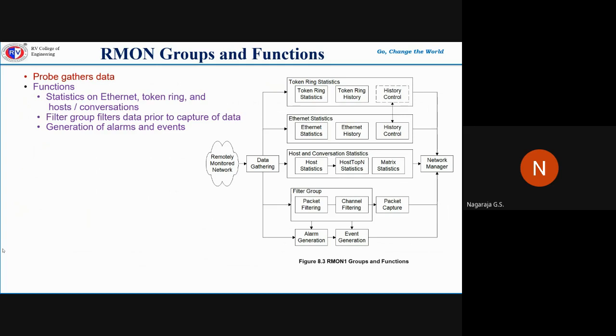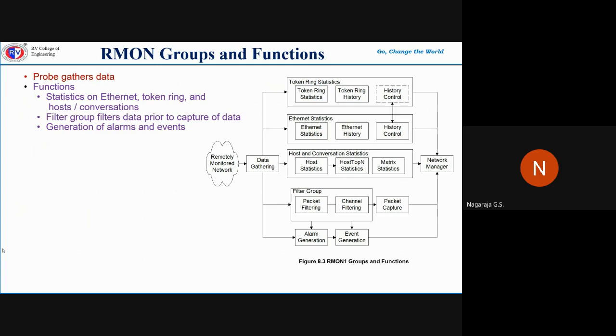The second one is the Ethernet statistics. Again, it goes with a similar rhythm: Ethernet statistics, Ethernet history, and history control. You may also have statistics relating to ATM or FDDI, with the same kind of patterns under that network statistics.